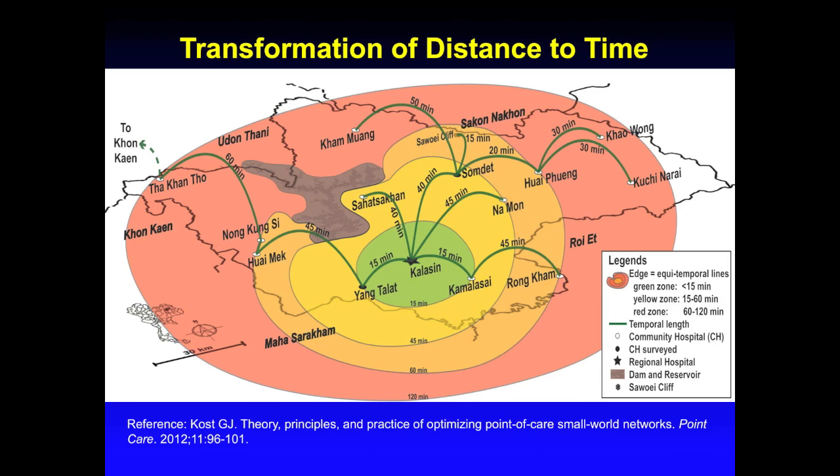The patient, for example, with acute chest pain that lies to the top left in the red zone, and will have a transit time to the regional center of Callison of 2 hours or more, really would benefit from on-site diagnosis of cardiac biomarker testing.